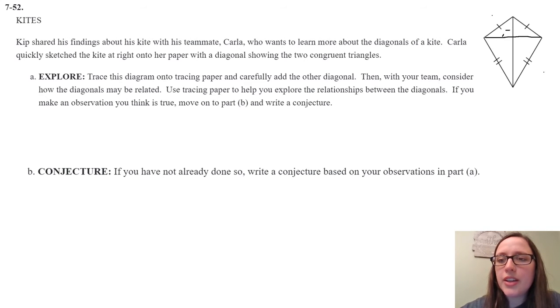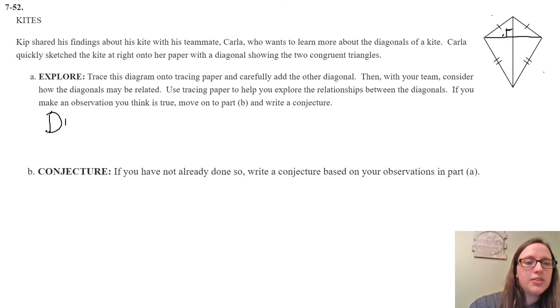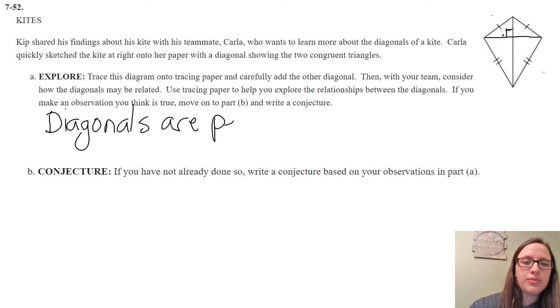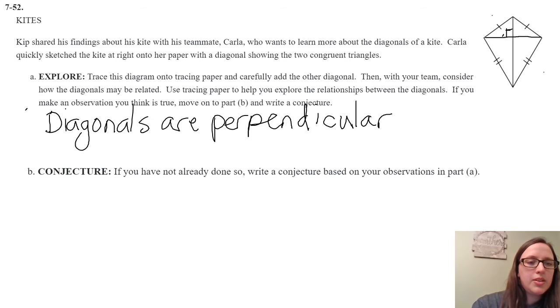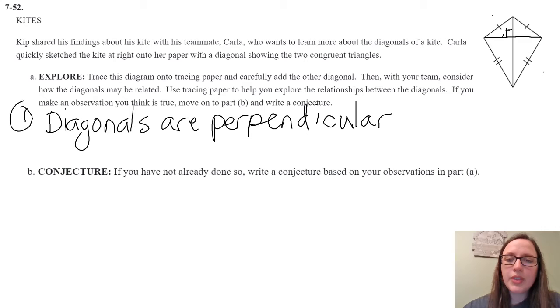Well, they look like they kind of cross at a 90-degree angle, so they might be perpendicular. So that might be one property.